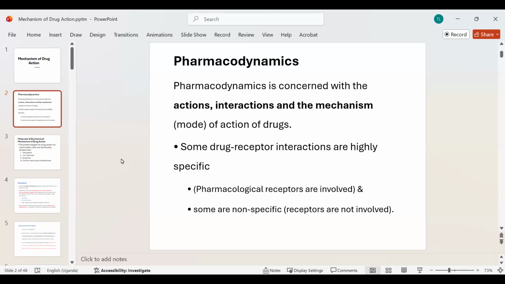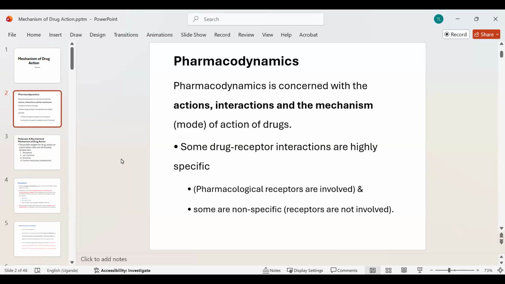I'll give you an example. Take an example of an antacid. You've taken an antacid, aluminium hydroxide or magnesium hydroxide. These are some of the antacids which are sold all over the market. When you take in that antacid, it goes into your gastrium, the stomach, and it neutralizes hydrochloric acid, which it finds in the stomach by reacting with it.